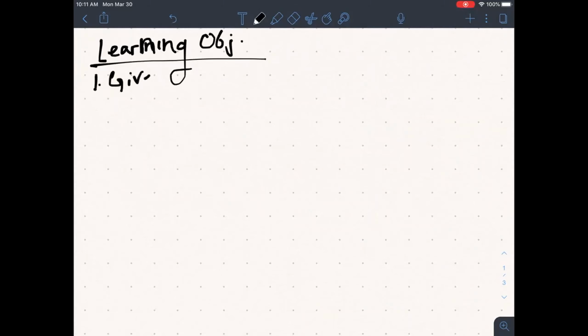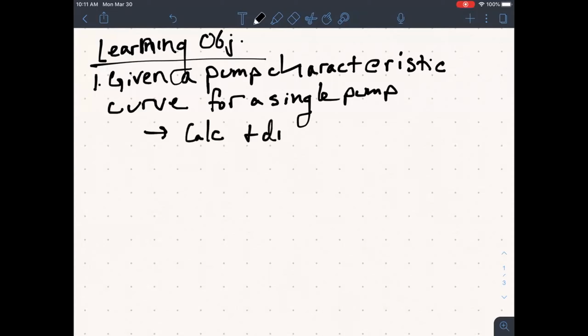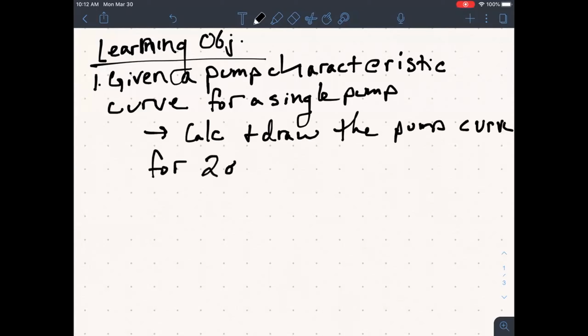Given a pump characteristic curve for a single pump, we're going to calculate and draw the pump curve for two or more pumps in series and parallel.